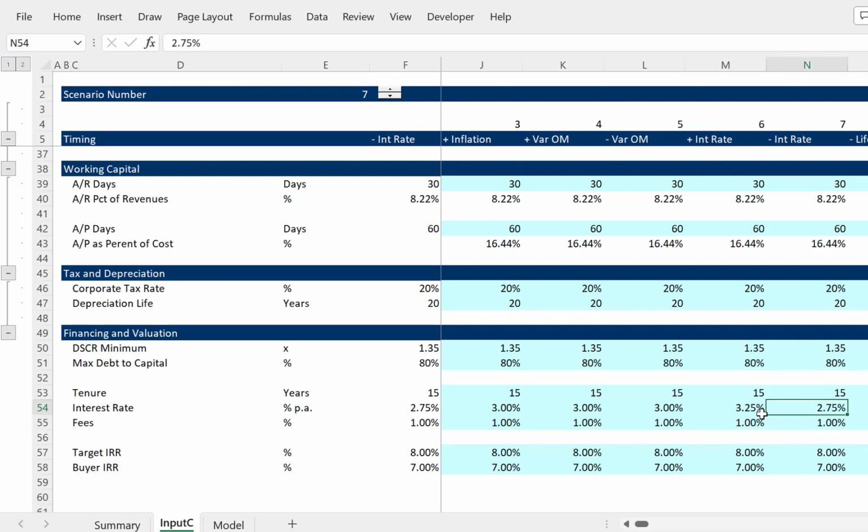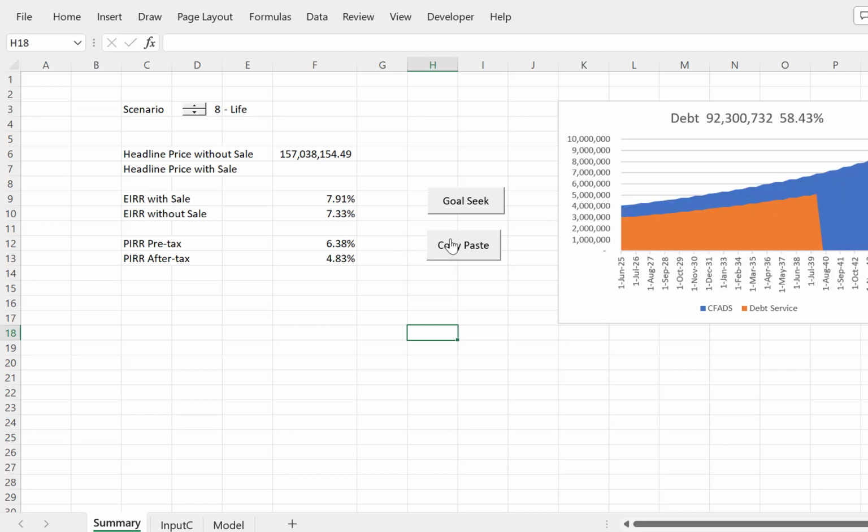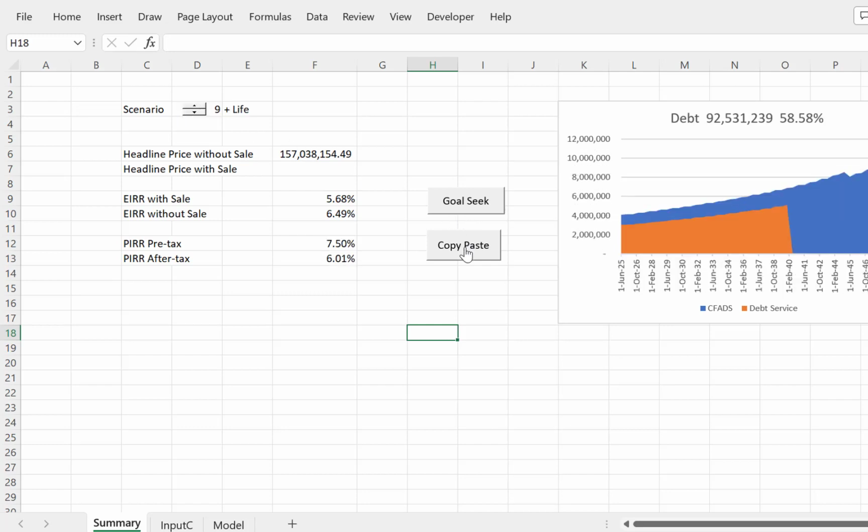With hindsight, that's a very small change. So let's run our copy paste. Oh shoot, I've got to run the copy paste plus the life.